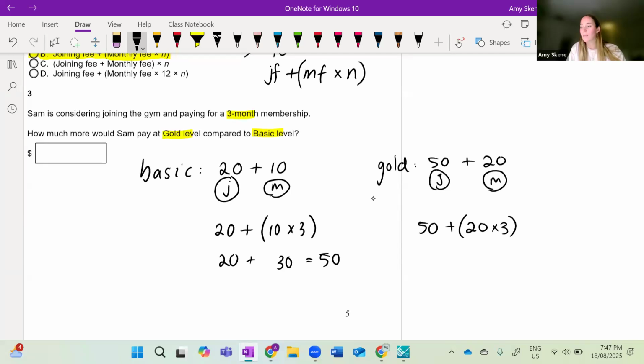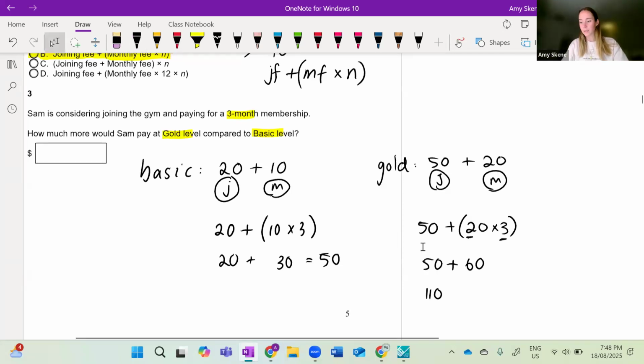We do 20 times 3 first. I'll always do 2 times 3, which is 6, and add on that 0. Then we've got plus 50. If you cancel out the zeros as well, 5 plus 6 is 11. Add on the 2 zeros that you didn't count, and there we go. So 50 plus 60, 110.